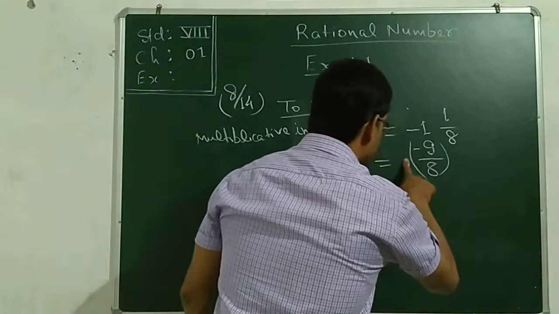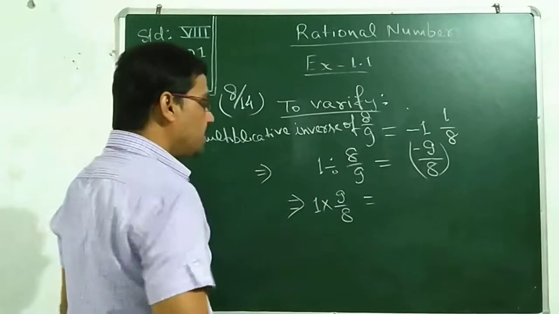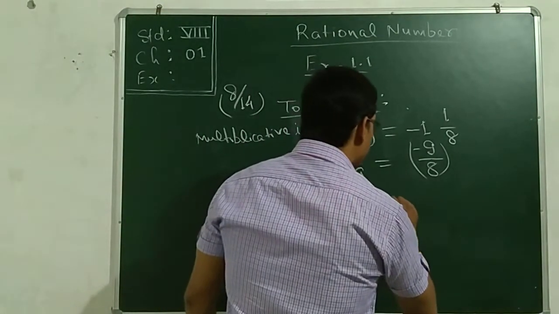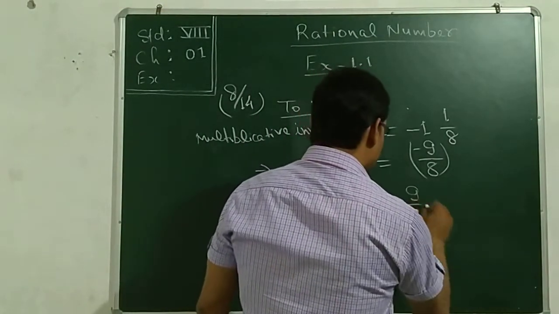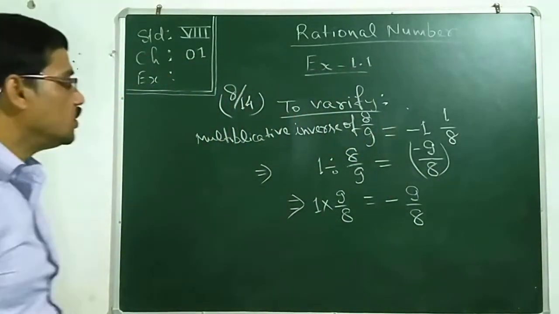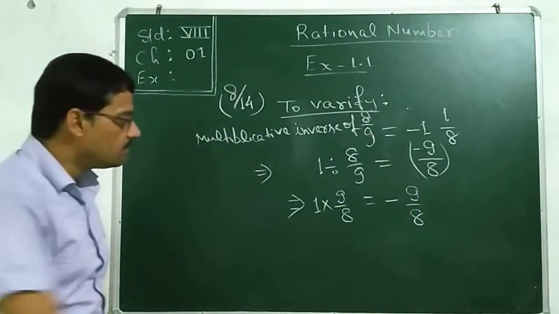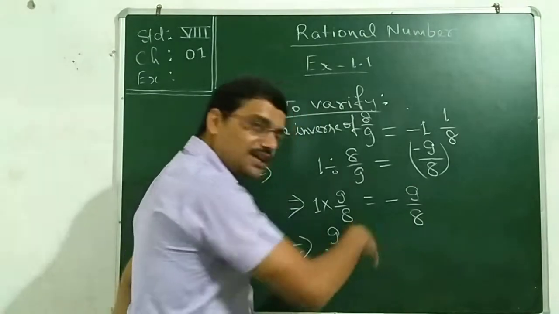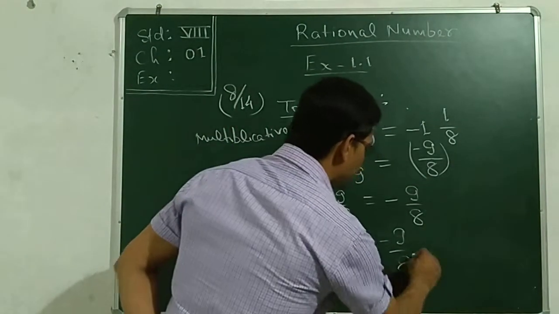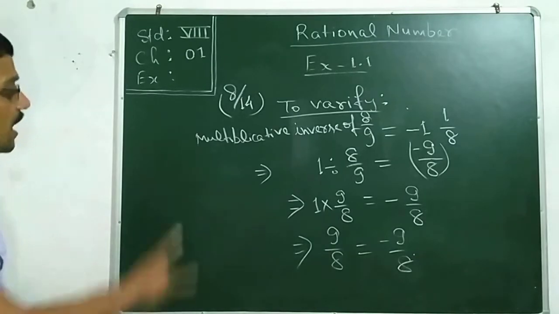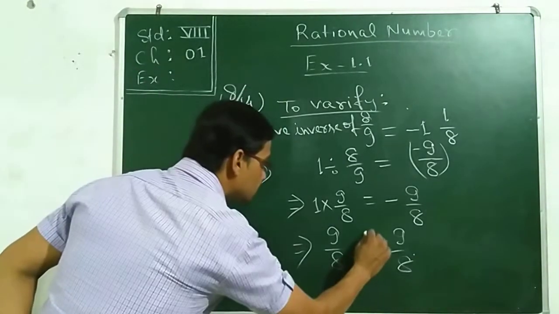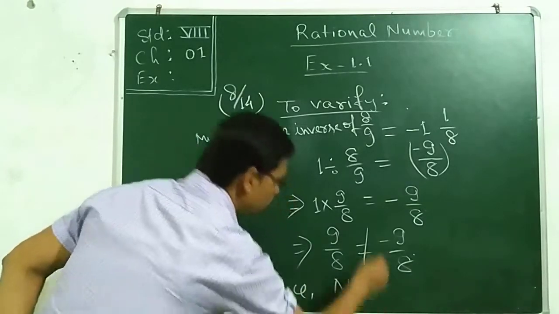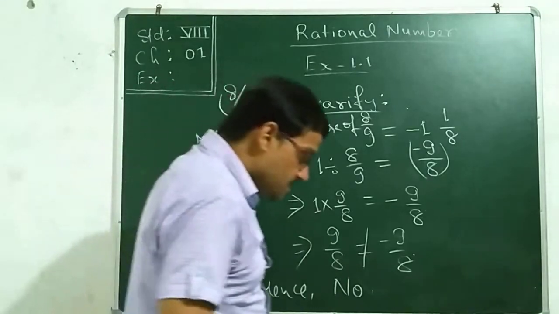Only one negative sign was there. Is 1 into 9 by 8 equal to minus 9 by 8? You can judge it yourself. The result of this is only 9 by 8, and here the result is minus 9 by 8. Does it satisfy? Are they equal? Hence, no. Right?